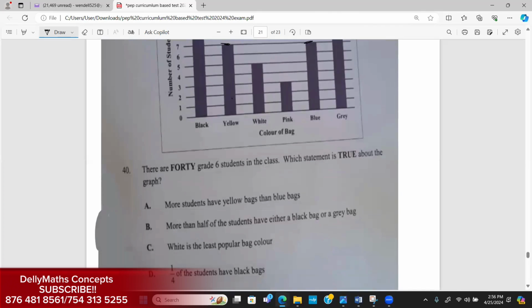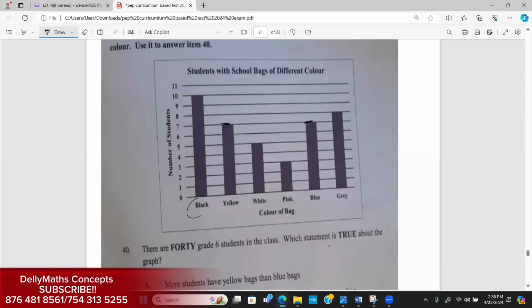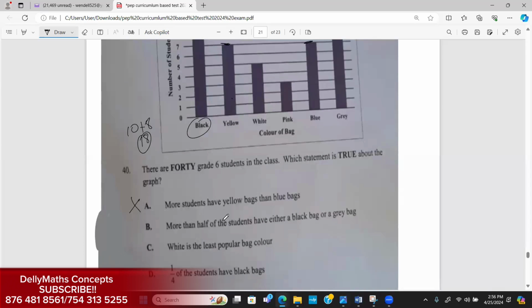We're looking for a statement that is true. So they are equal. More than half of the students have either black or gray. Let's add up black, that's 10. Gray, that's 8. So this is 18. Is 18 more than half of 40? No, half is 20, so it's less than 20. So this is incorrect.